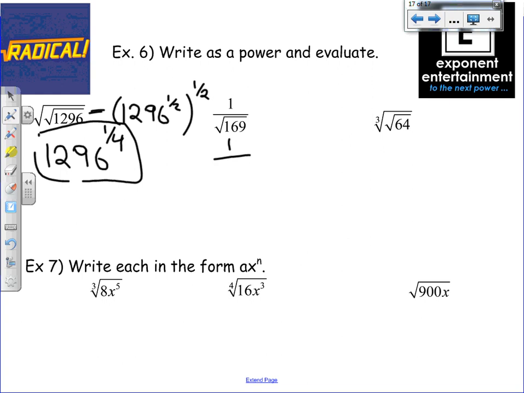This one is the same as this, except instead of square rooting what you square rooted, you're cube rooting it. So you got 64 to the power of 1/2 to the power of 1/3. Square root, cube root. 64 to the power of 1/6. We multiplied our exponents together.